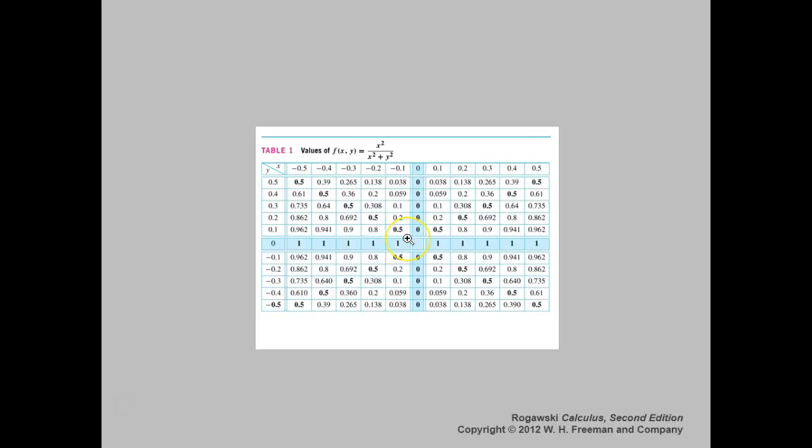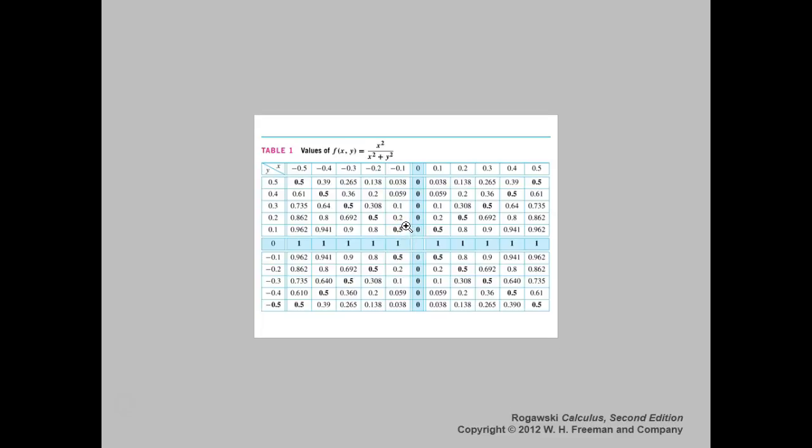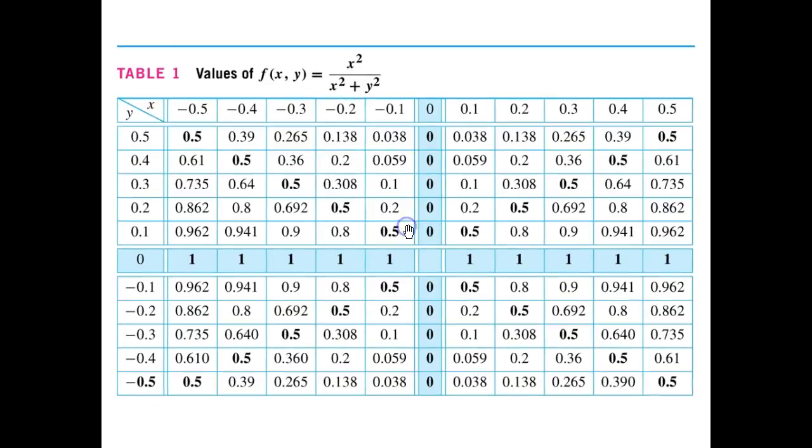I'm going to try not to spend a lot of time on this one. It's one of those strange ones. This is the function f of x, y equals x squared over x squared plus y squared. Obviously, a function with two independent variables and one output, or dependent variable, z or whatever you want to call it, but it's the function value.